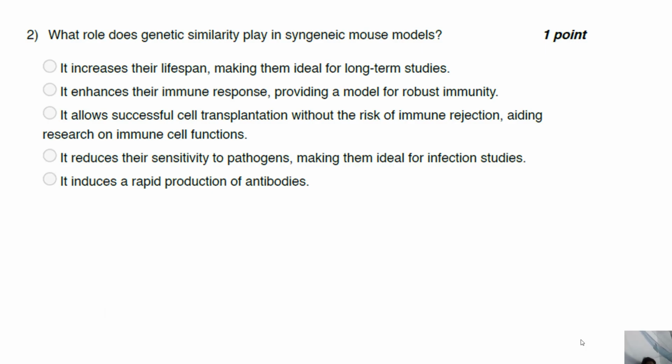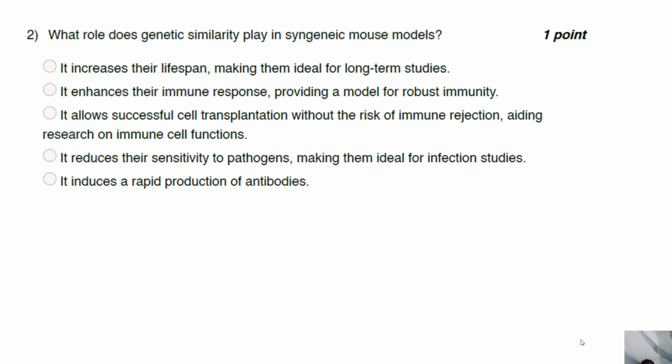So the next question is, what role does genetic similarity play in syngeneic mouse models? The options are: A. It increases their lifespan, making them ideal for long-term studies. B. It enhances their immune response, providing a model for robust immunity.